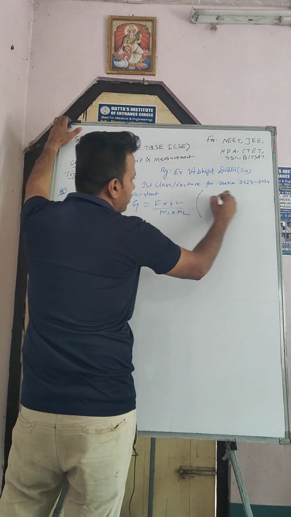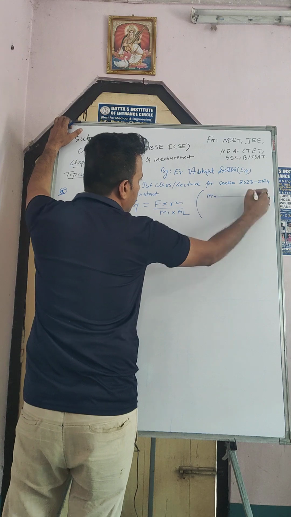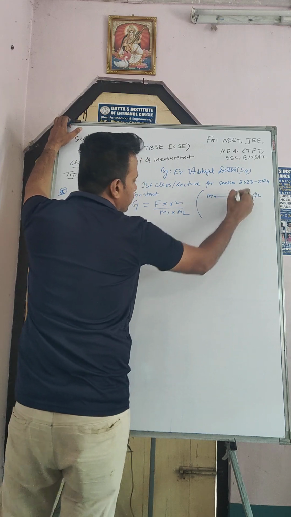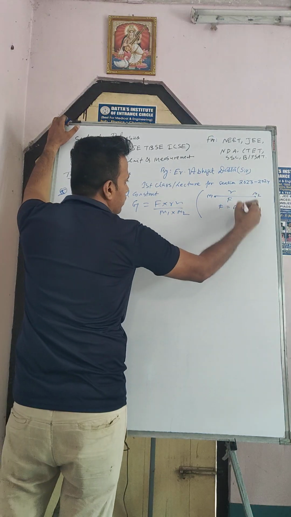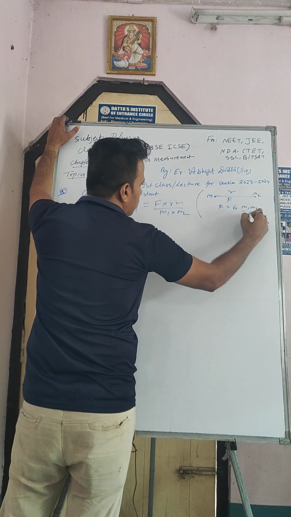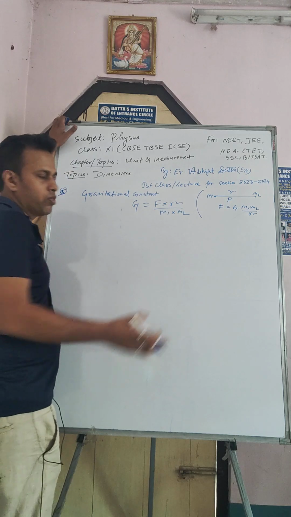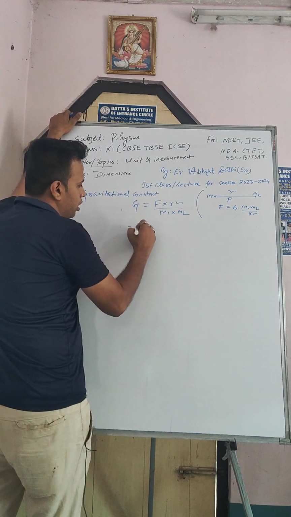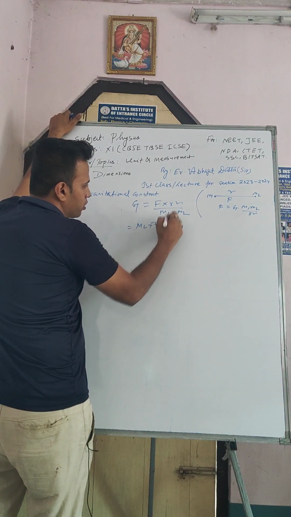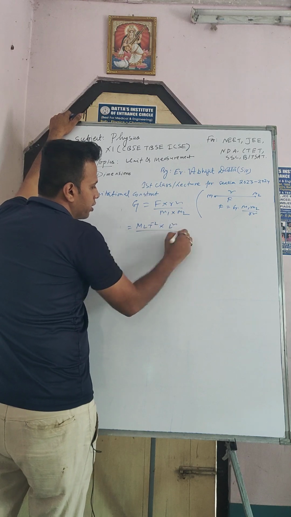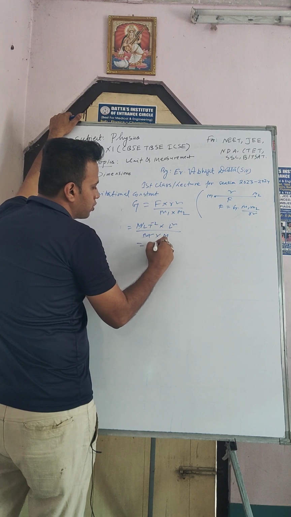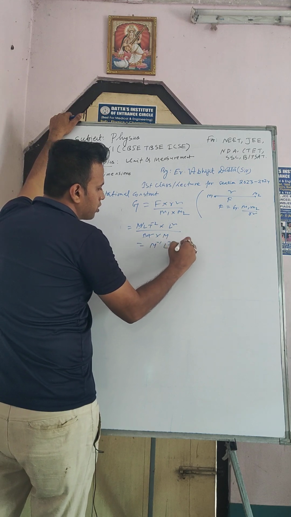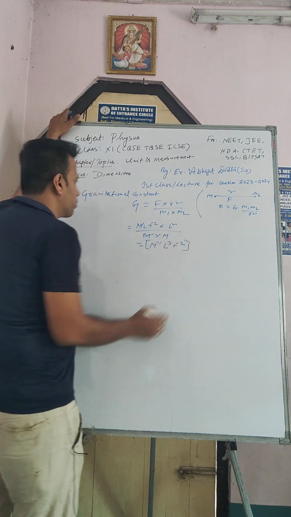You know the gravitational force formula: if there are 2 masses M1 and M2, distance is R and force is F, so F equals what, sir? G M1 M2 by R^2. You have to remember this formula. Okay, so force dimension is MLT^-2, radius distance is L^2, this one is M and this one is also M. M and M will be cancelled, so M^-1 L^3 T^-2 is the dimension of the gravitational constant.